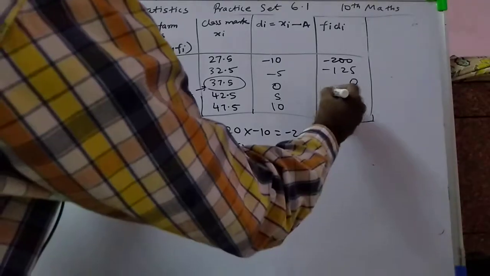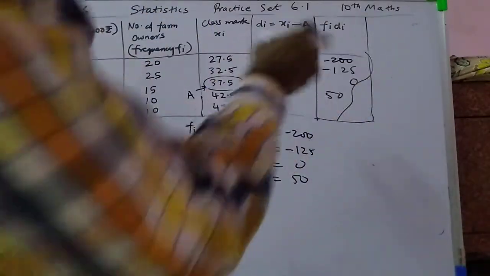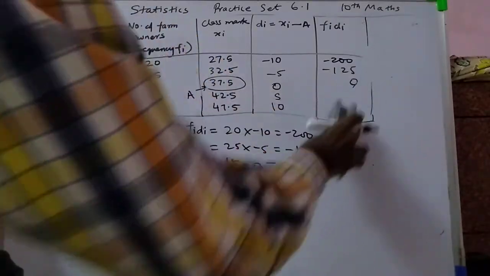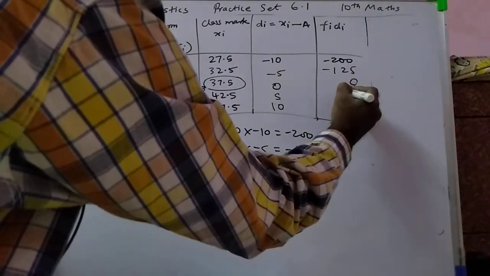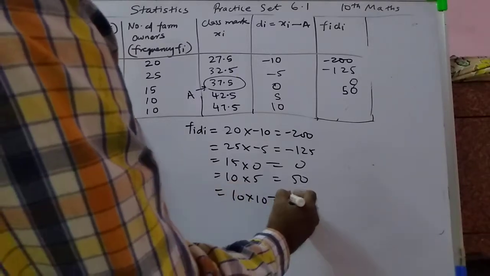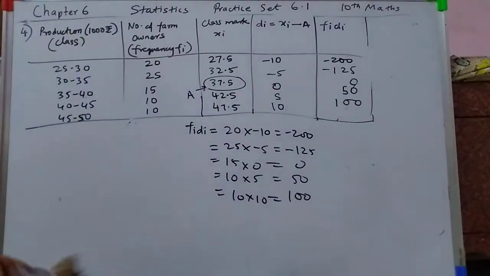Don't write it like this. Some students write like this. Write properly so that you can add it properly. 10 into 10 is equal to 100. I have to add it, that's all.